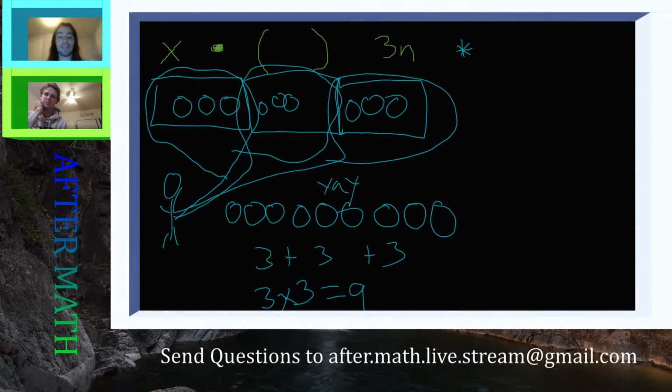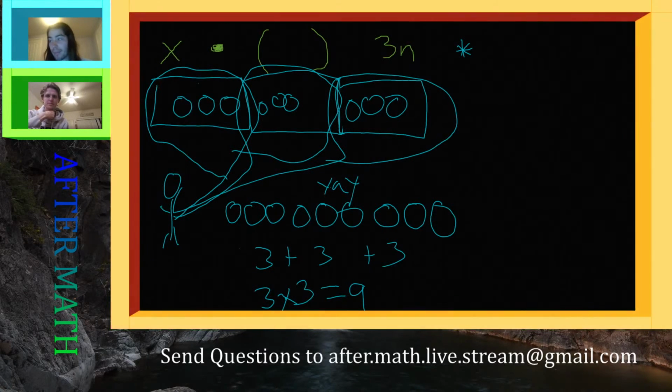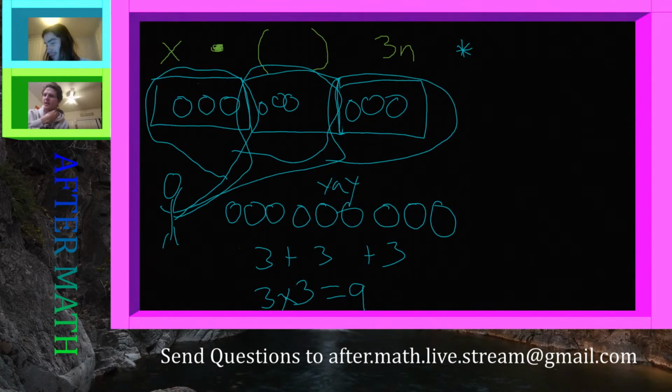Not 3 times 4, that's where my mind's going. If we had 4 boxes, then it would be 3 times 4, right? It's a shorthand way of writing a whole bunch of the same addition together. Do you feel like that's a good explanation, or do you want to explain? You're more than welcome to. I think that is good. I probably would have done something similar.